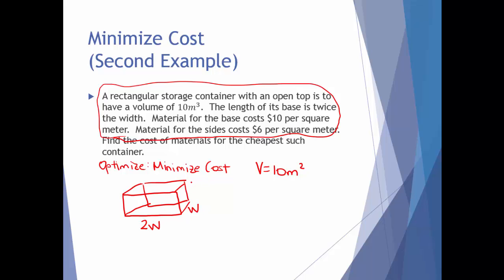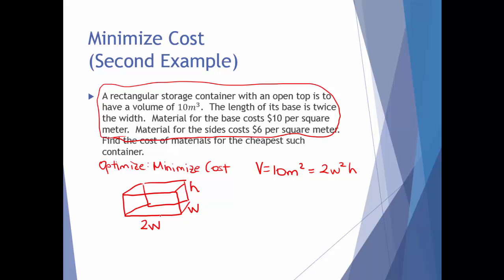What it didn't tell us anything about is the height, so we will still have an H in here. So this storage container's volume is going to be 2W times W times H, in other words, 2W squared H. Now that is a constraint equation. That will help me start to eliminate some of my variables once I start working on my cost equation.